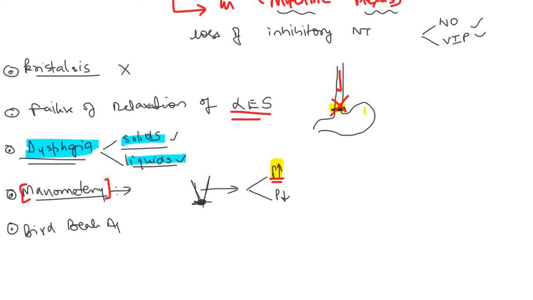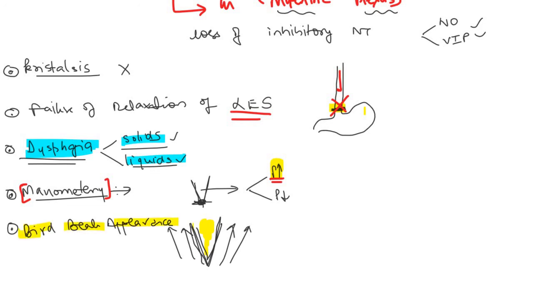Now what is this bird beak appearance? Since the lower esophageal sphincter is not relaxing, the food will start accumulating like this. And now if over this we give barium, it will accumulate and give a classic appearance of a bird's beak, and therefore it is called bird beak appearance on barium swallow.